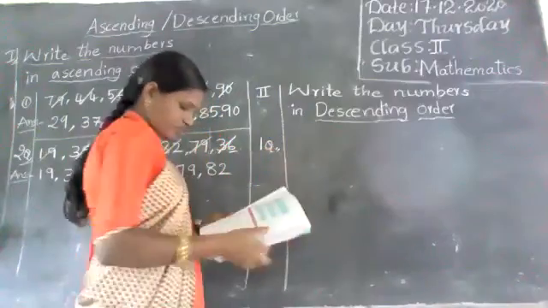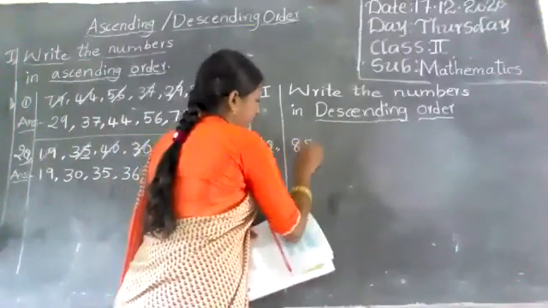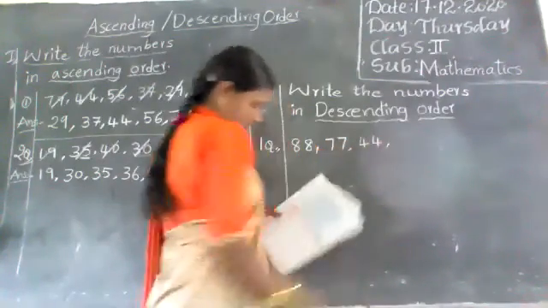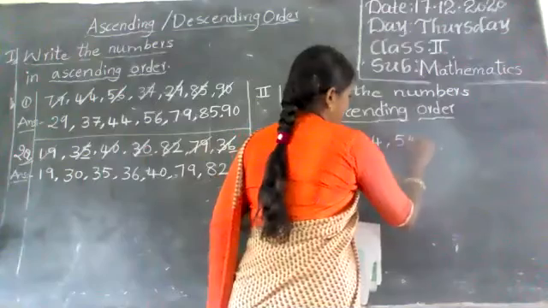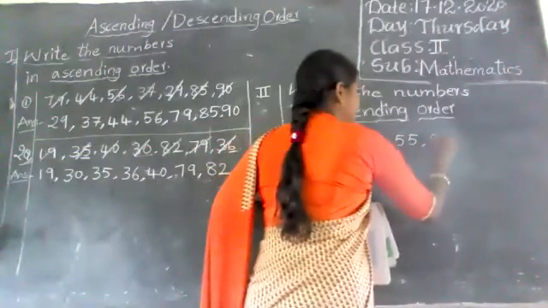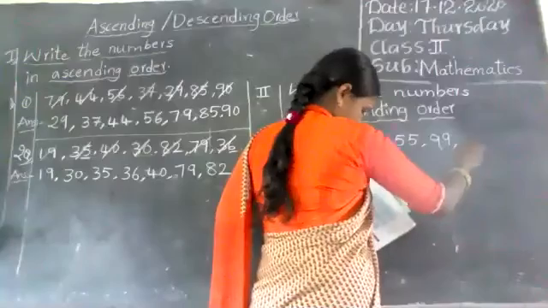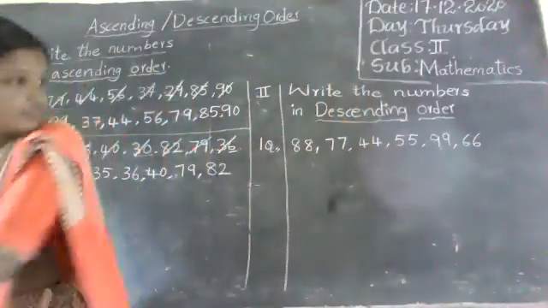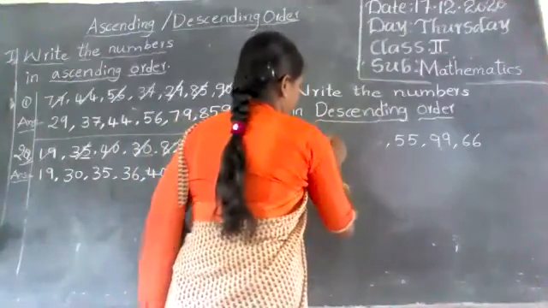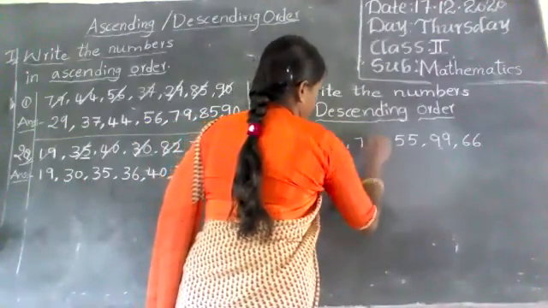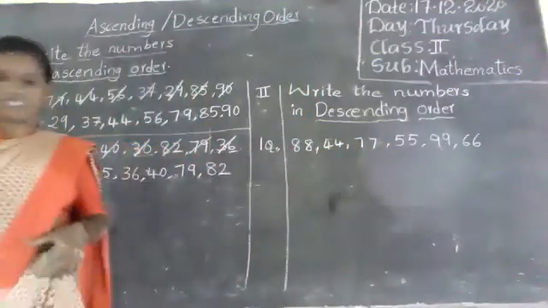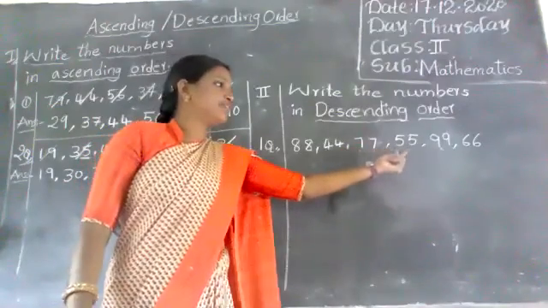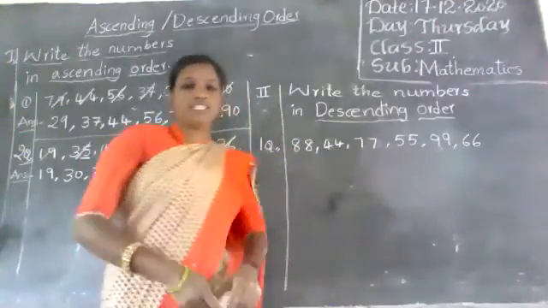First question: 88, 77, 44, 55, 99, 66. Okay, let us see, children. 88, 44, 77, 55, 99, 66.